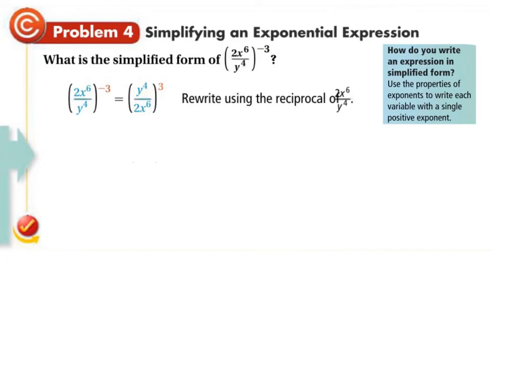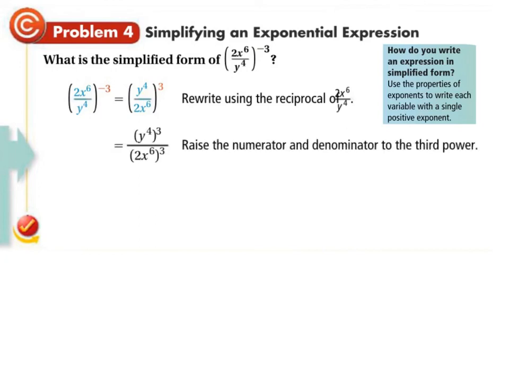Now that we're here, we're going to raise this to the third power, we're going to raise this to the third power. So raise the numerator and denominator to that third power that's out here. y to the fourth to the third, and 2x to the sixth to the third.